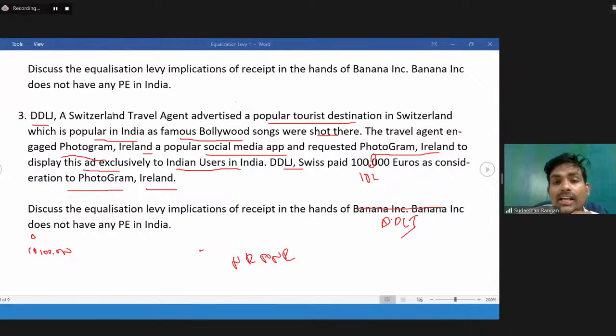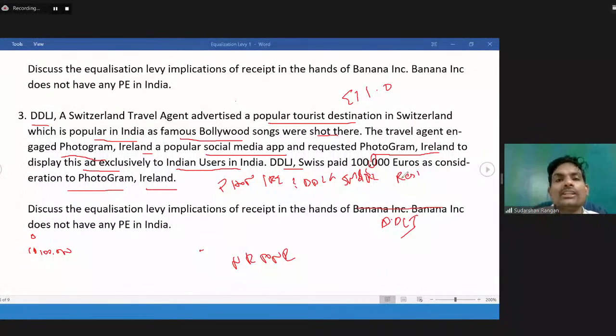But for online advertisement, if you remember, the service recipient should be a resident buyer. In this case, the transaction is between Photogram Ireland and DDLJ Swiss. So even though it is online advertisement charges, this will not come under equalization levy 1.0 because you have to be a resident buyer.